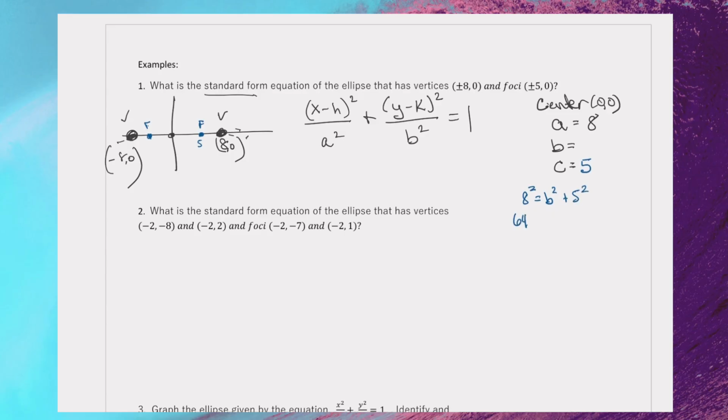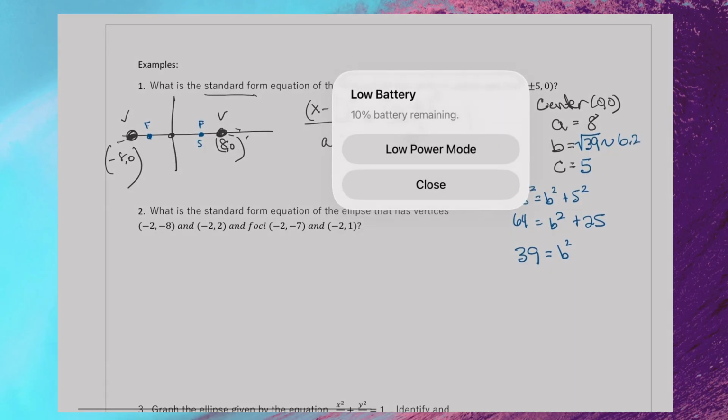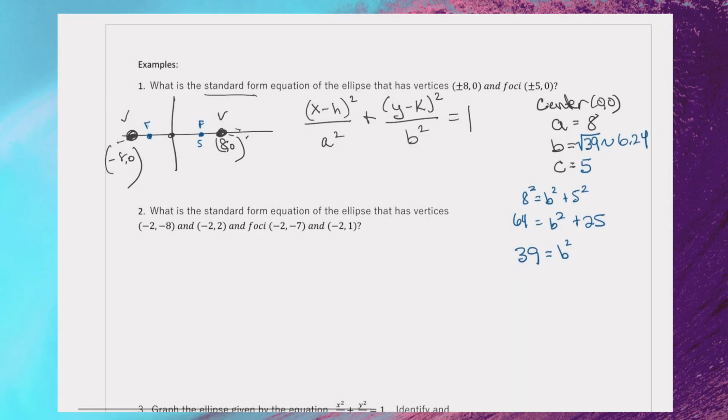So 64 minus 25 gives us 39. Ew. So B is the square root of 39, which is approximately 6.24.